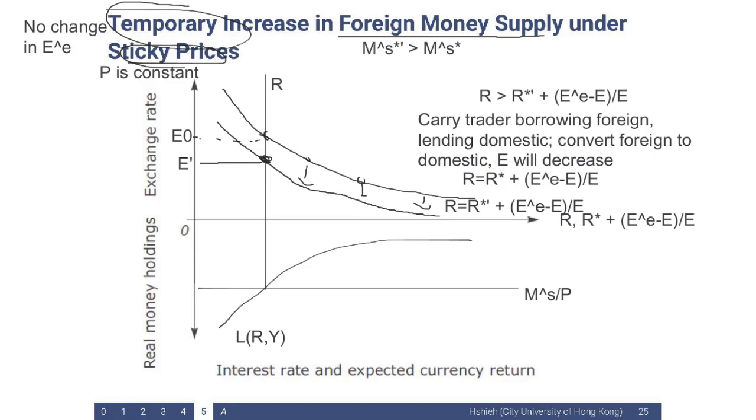And this will incentivize carry traders to come in and maximize expected carry trade profits. They will, in this case, borrow domestic, lend out foreign. To do that, they have to convert domestic to foreign. That means the home currency must get weaker.